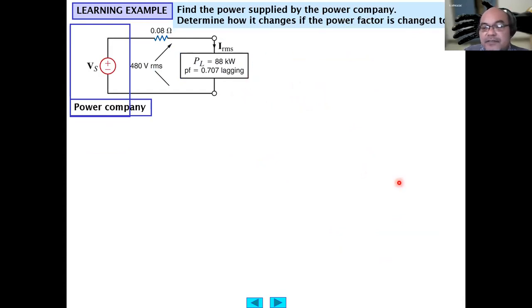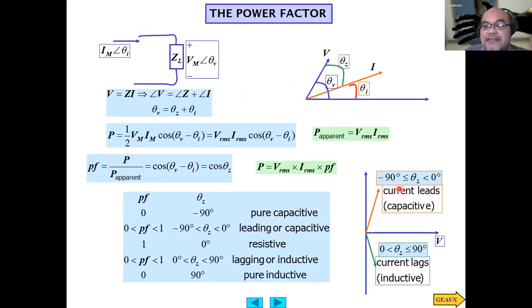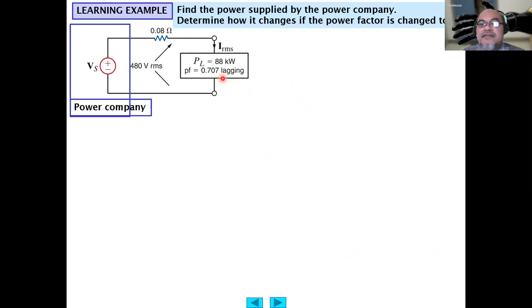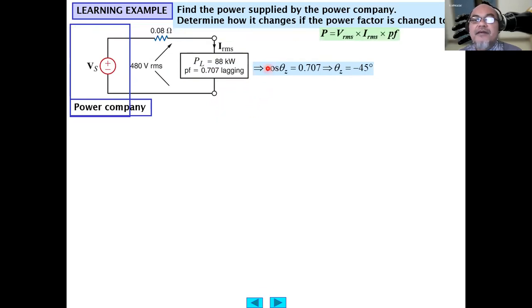Lagging here means the voltage lags the current, because theta Z is minus 45 degrees. With the same power factor, you could have positive or negative theta Z. It is determined by the statement whether the current lags or leads the voltage. Theta Z is equal to minus 45 degrees.